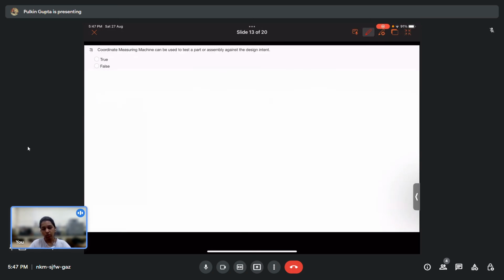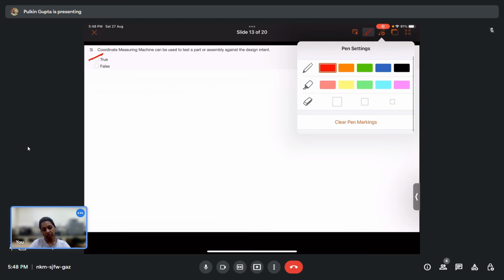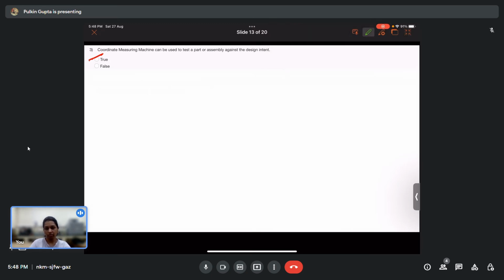Moving on to the next question. A coordinate measuring machine can be used to test a part or assembly against the design intent. True or false? We had discussed this, so it is true. For example, you have manufactured a cone of some diameter, height and cone angle.